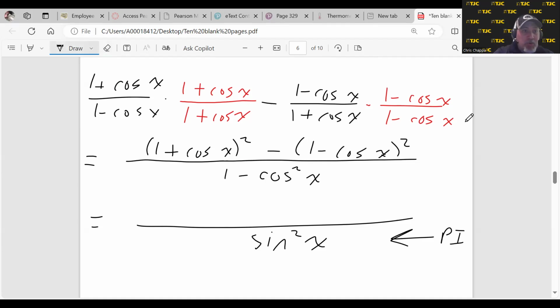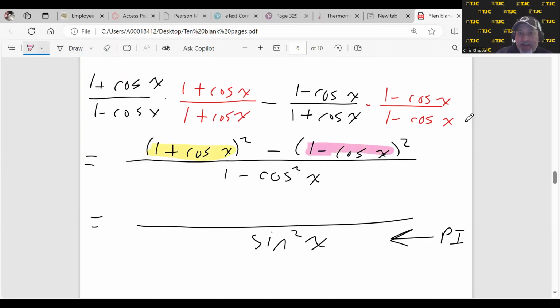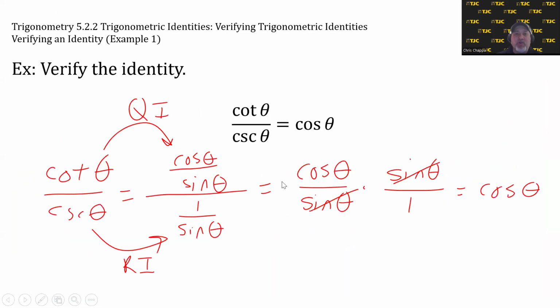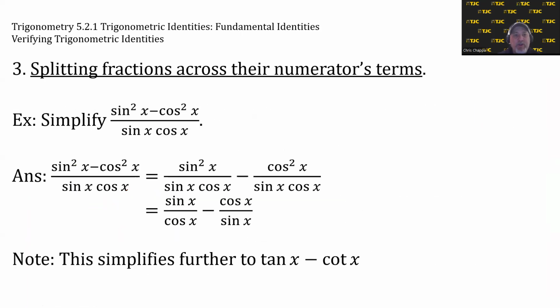Granted, the things being squared are big and chunky, but it is (1 plus cosine x) squared minus (1 minus cosine of x) squared. Now, why is this beneficial? Well, remember how a difference of squares works, and I'm going to go back to the slideshow and go all the way back to the very beginning where we reviewed the algebra moves. Almost there.